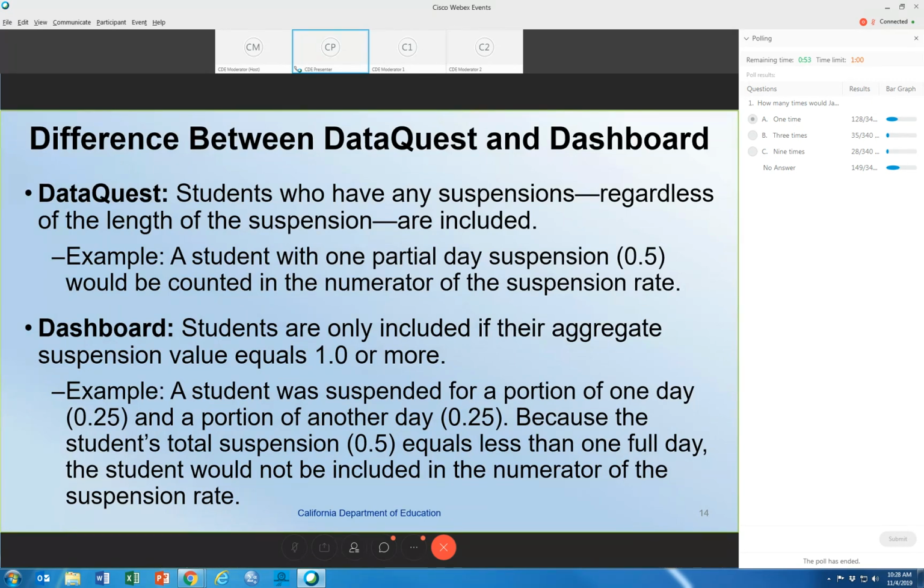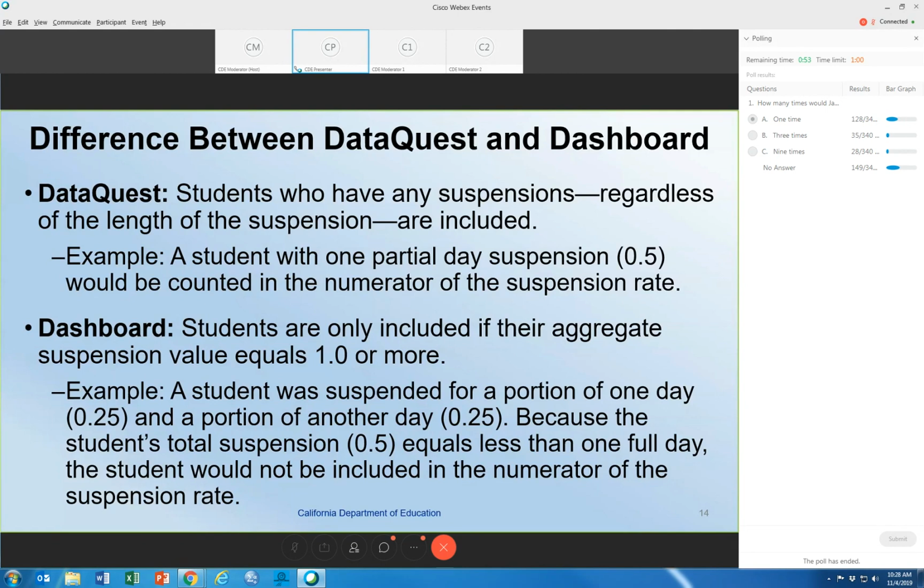What is the best way to isolate the students that will count for this student group? I unfortunately cannot answer that question. I will take that to our counterparts in the CALPADS office and hopefully get back to you on that. If you could send that question to aau@cde.ca.gov, we would appreciate it.